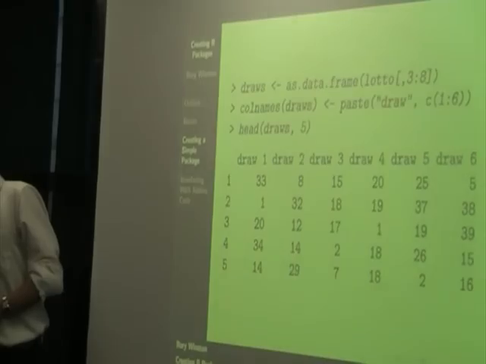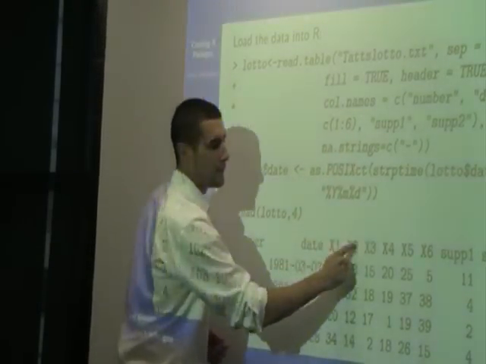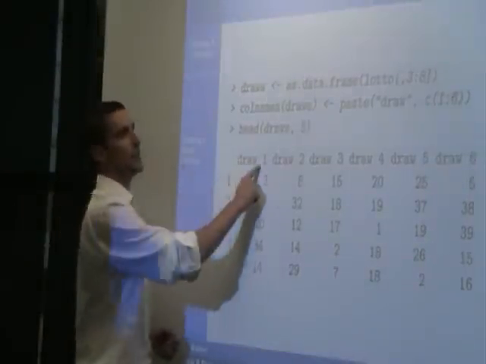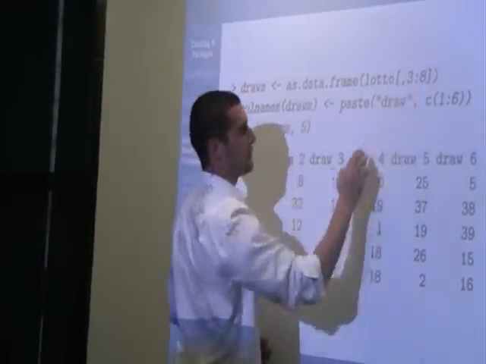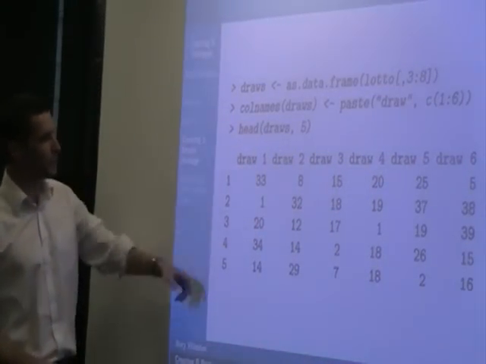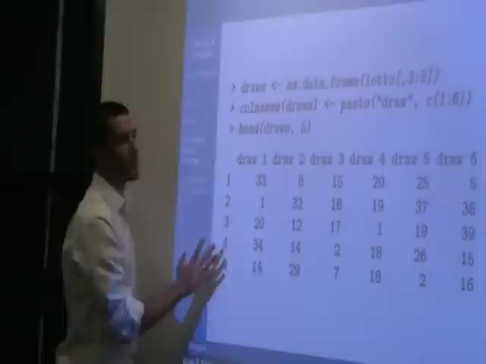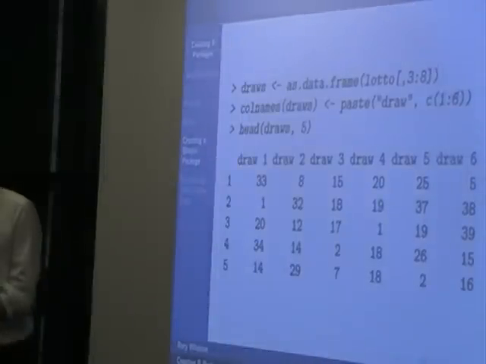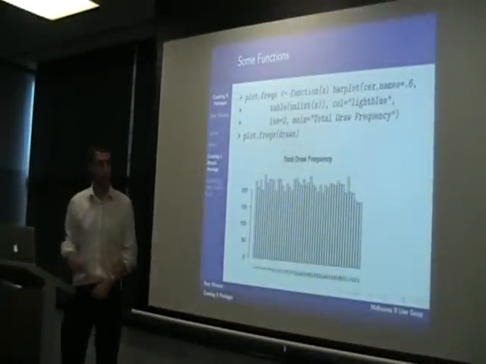So if you see on this frame, even though I said name these columns 1 to 6, it prefixed them with an X. So I'm just going to override that here and say change the column names for this subset of the data frame just to be draw 1 to 6, and that's all that's doing. And so this draws object is just a separate object which just contains the first 6 balls drawn. So that's all my data. I just have 2 pieces of data. I've got a lotto object and I've got a draws object.